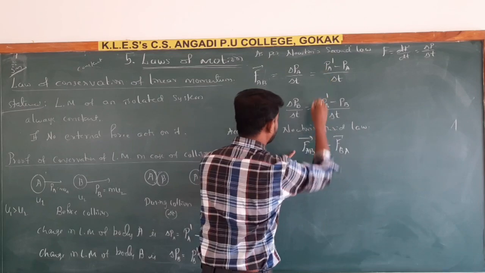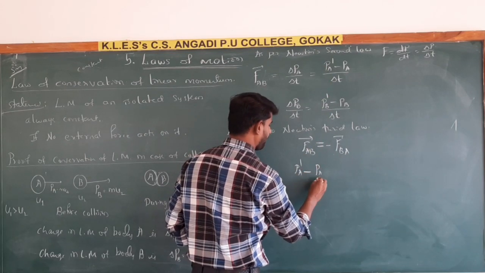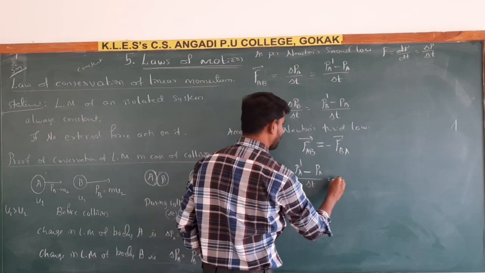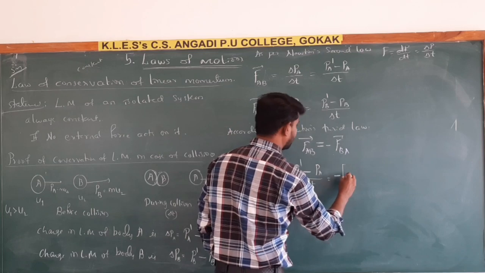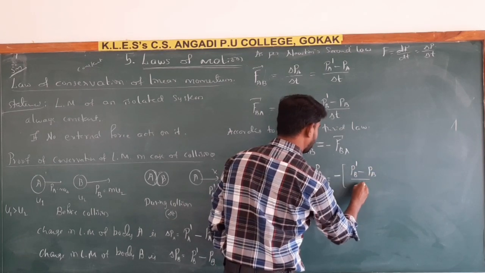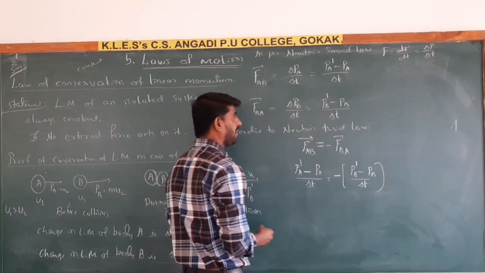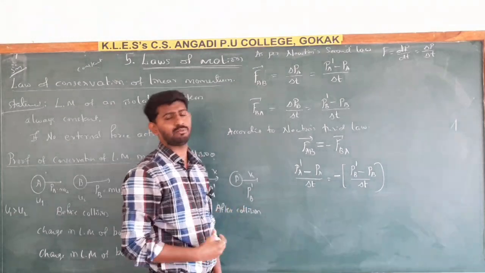F of AB is PA dash minus PA divided by delta T. What is F of BA? This is minus sign as it is, and here I will write PB dash minus PB divided by delta T. And you may ask, why have I taken the same delta T on both sides?